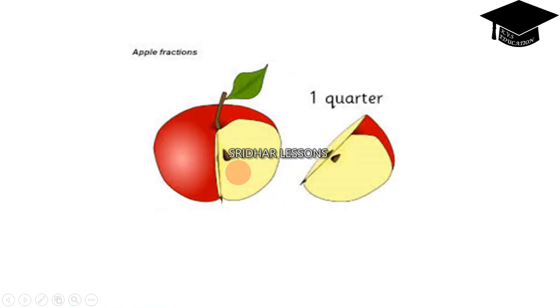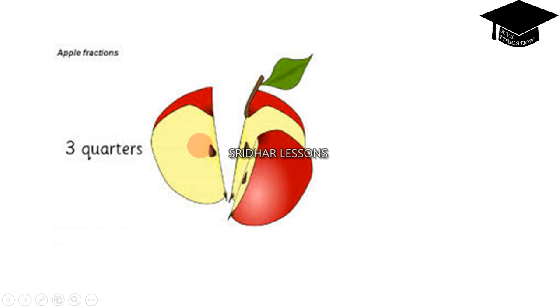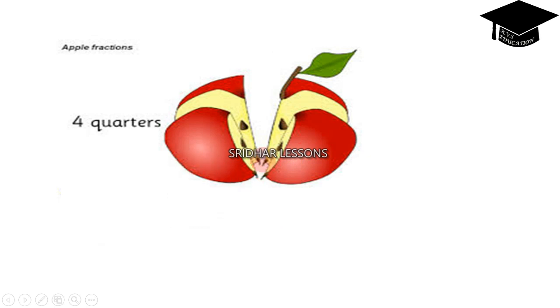Out of which totally we have one part, 1/4, that means a quarter part was cut. 1/4. 3/4, 3 parts: 1, 2, 3. 4/4. If we combine all these 4/4, we will get the total apple. Quarter 1, quarter 2, quarter 3 and quarter 4. 4/4.